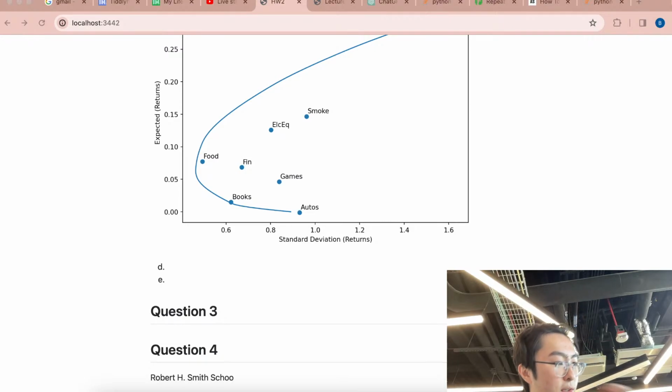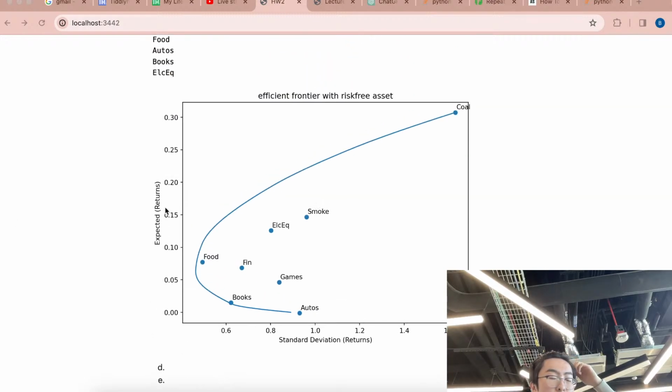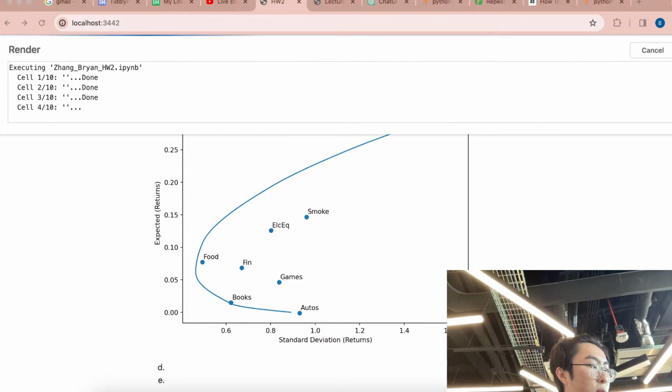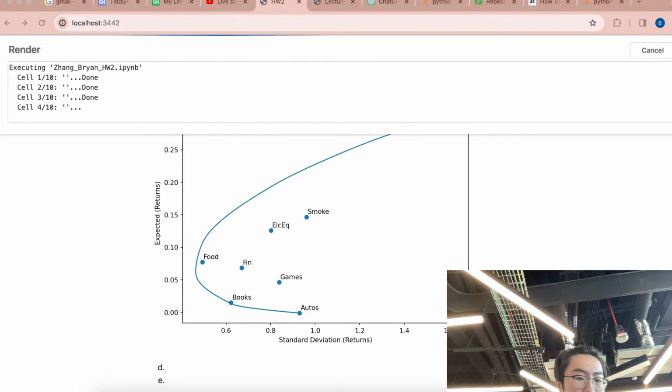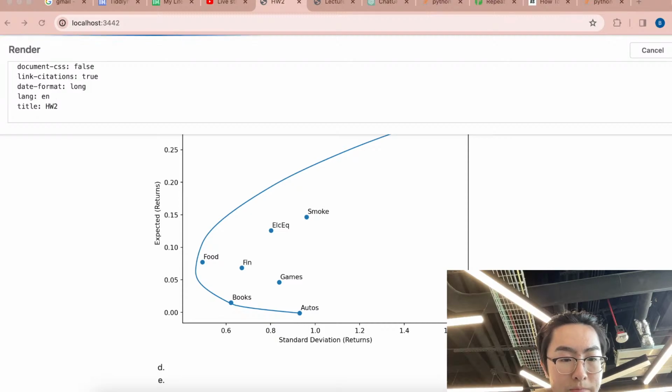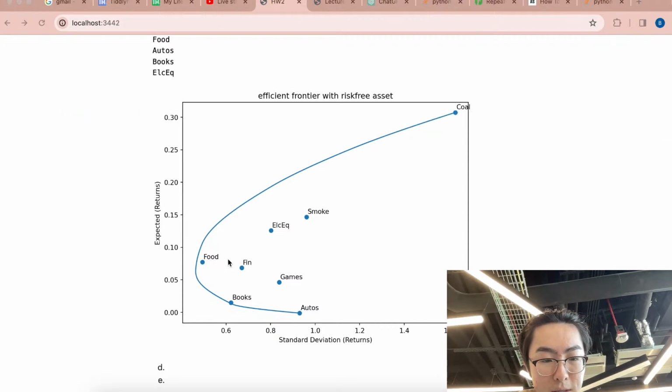I'm not entirely sure why it isn't as smooth here. Okay, it's still the same, kind of.